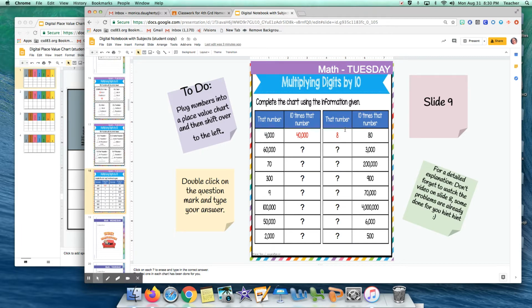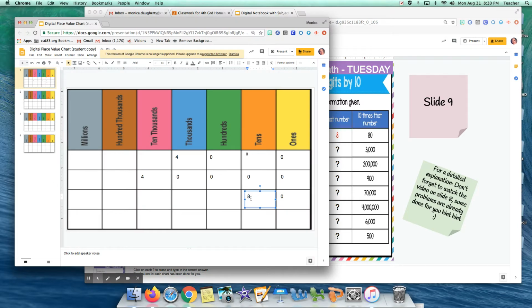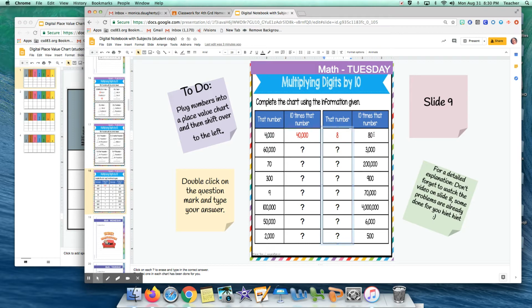So we're actually dividing. So when we're dividing, we're getting smaller. So when we get smaller, we shift everything to the right. So now this 0 is away because there's no more columns, and this 8, which is in the tens, falls into the ones, which is how they got 8 from 80. Okay?